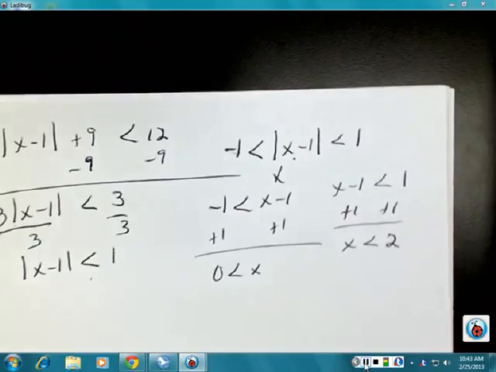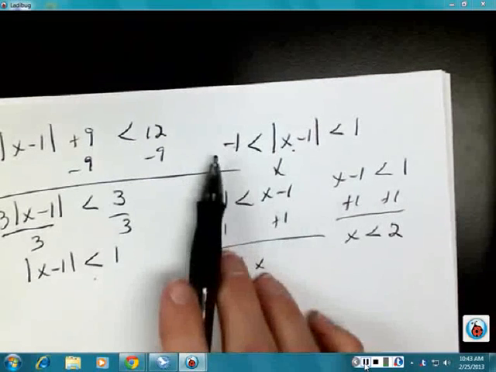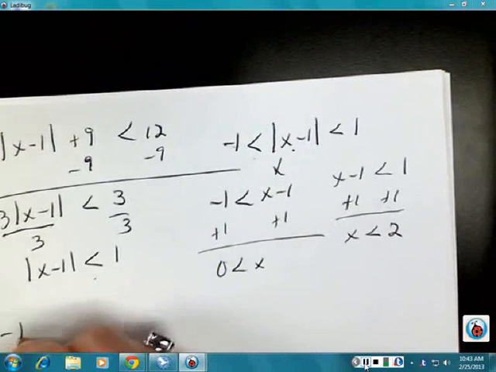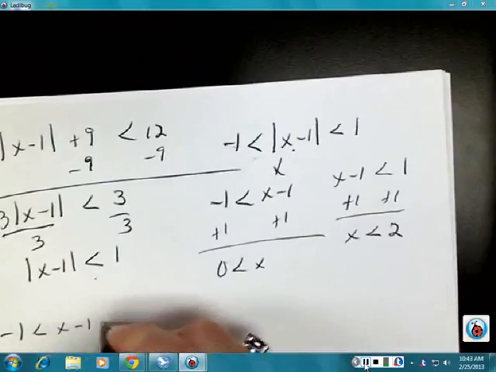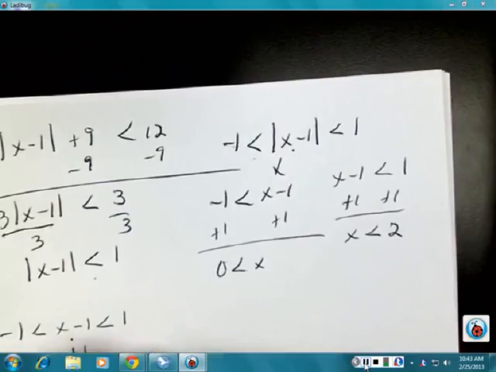Yes, the question that was asked was, could I just do this all in one step? Remember we were doing those where we had 1 and we had x minus 1? We were doing them that way before, doing this whole piece in here and adding 1 and plus 1 and plus 1, and you get 0 is less than x is less than 2.